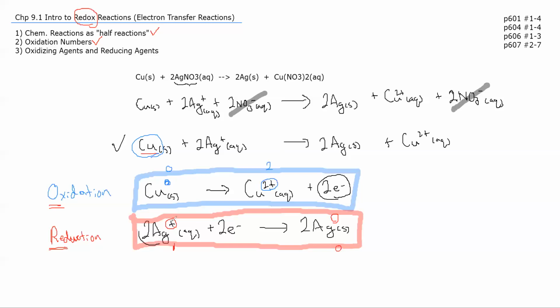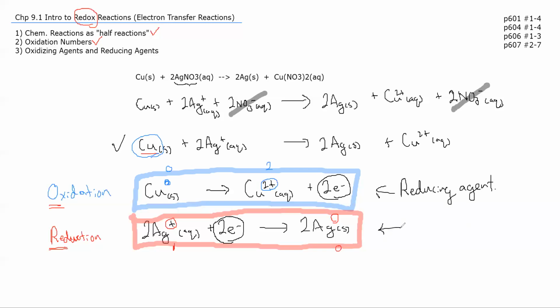For silver to be reduced, it had to gain 2 electrons. Correct? So for silver to be reduced, it needed copper to do something to it. Copper is the agent that reduced silver.